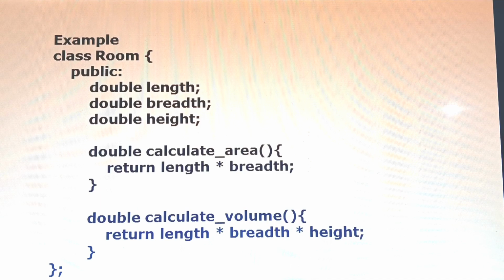A function starts with the data type and function name. Calculate area returns length into breadth. Calculate volume returns length into breadth into height. That way we can declare functions and data members in the class.